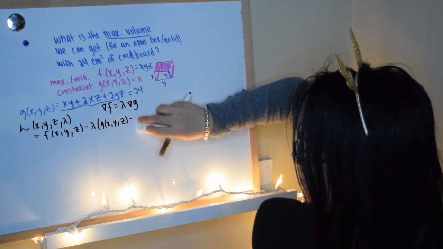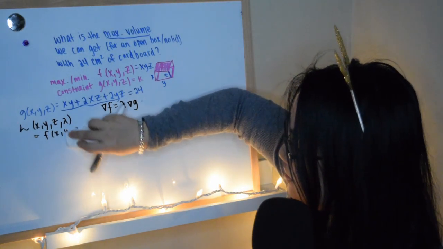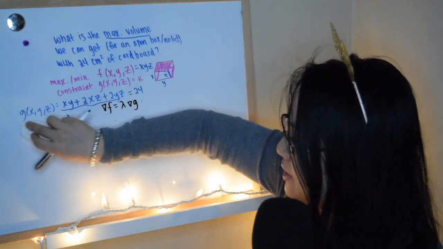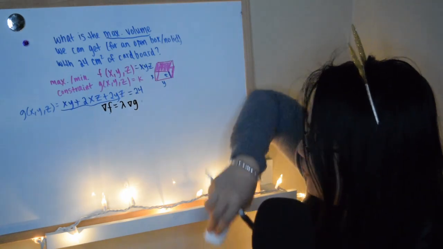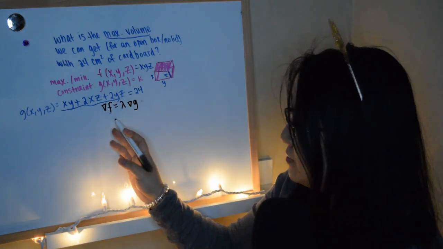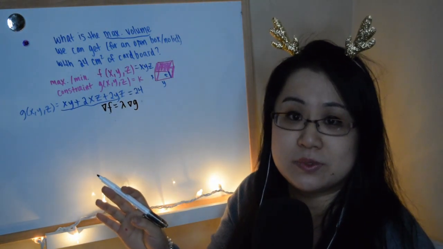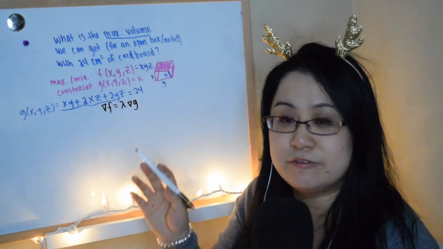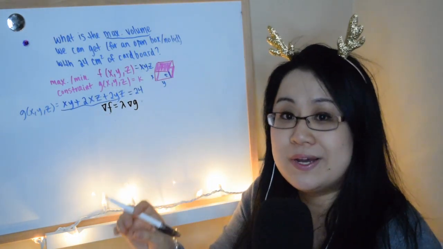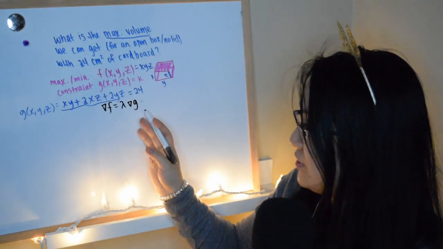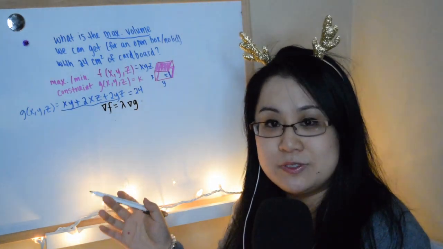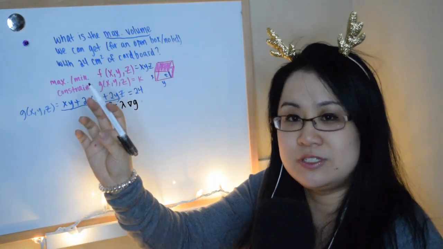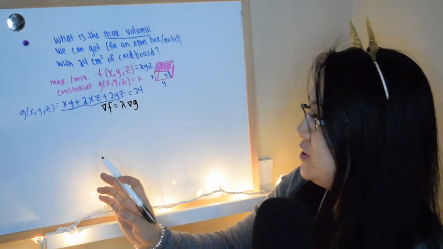That one's probably easier to keep and follow, but I just wanted to show you that's where the Lagrangian comes from. So here the gradient, remember, is going to be a vector, so we have the partial with respect to x, y, and z, and same for this. In order for the two vectors to be equal, we set the x parts equal, the y parts equal, and the z parts equal.